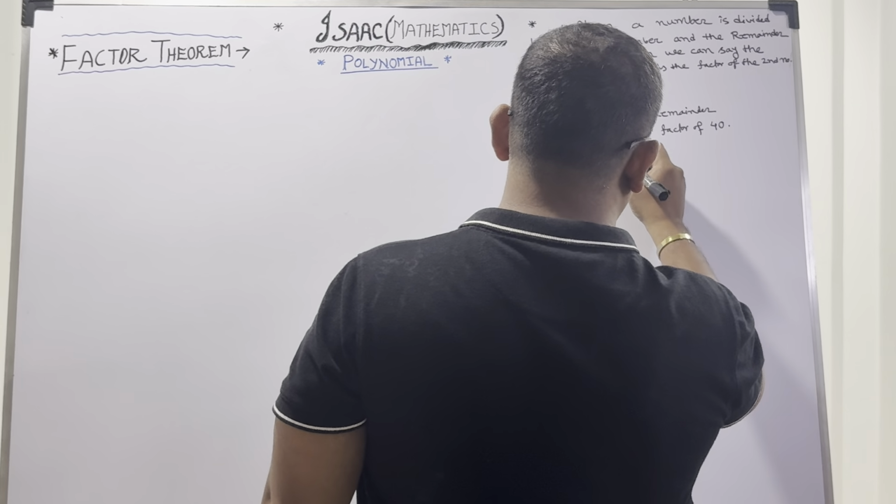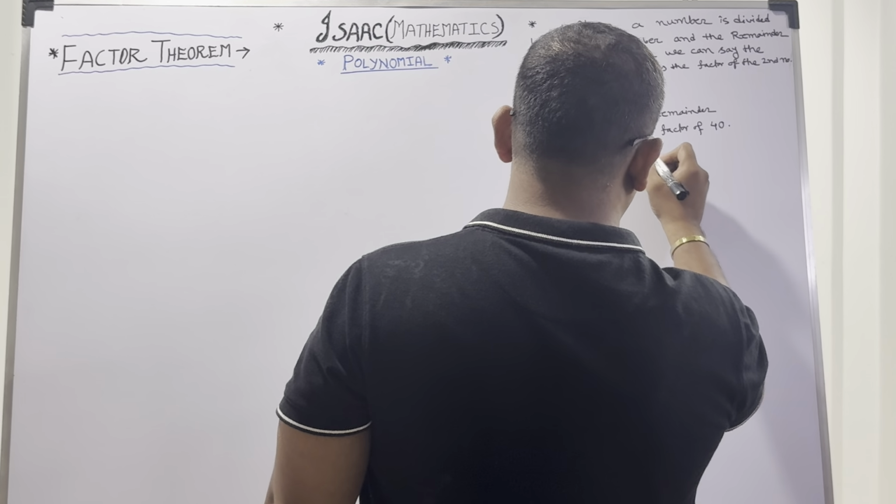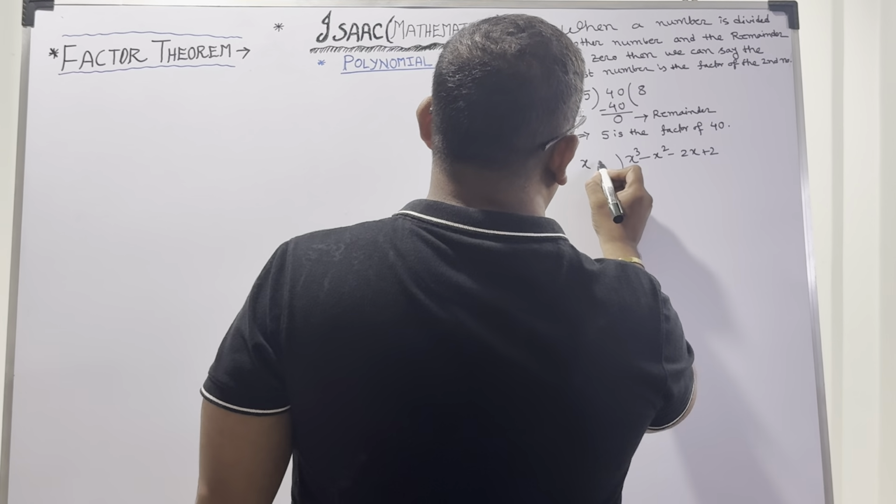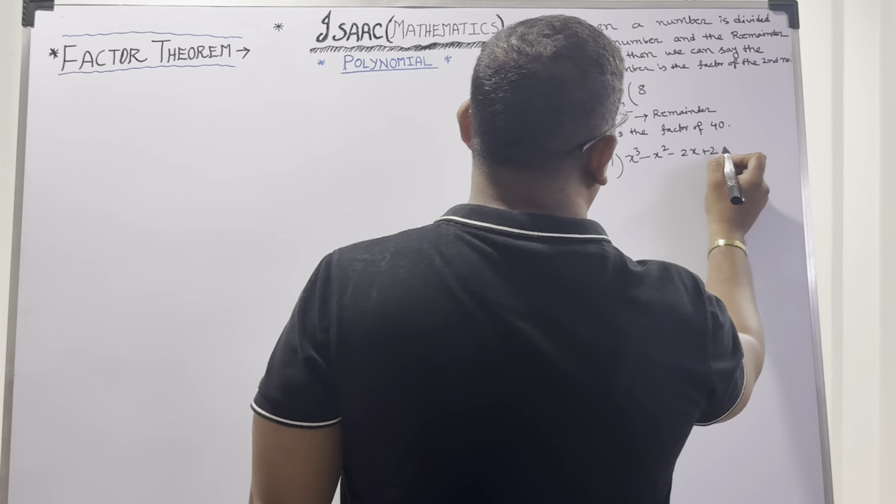When we divide x cube minus x square minus 2x plus 2 by x minus 1, let us study what the remainder comes.